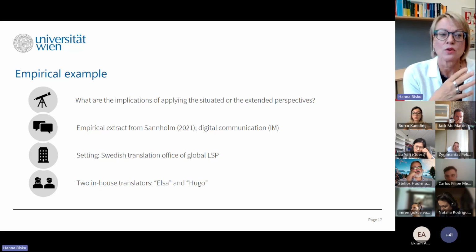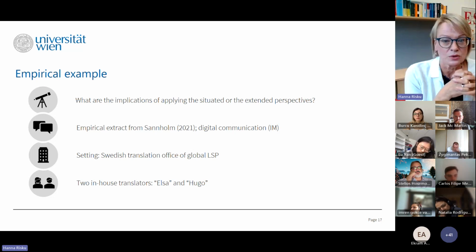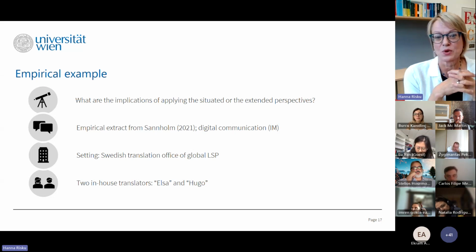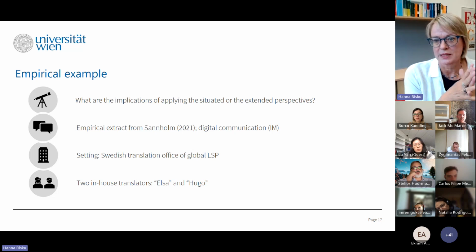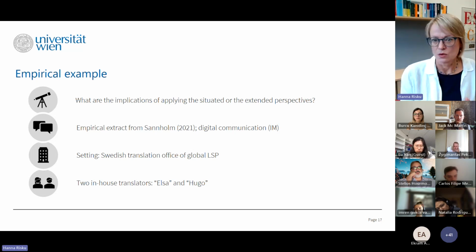The translator that we call Elsa is fairly new to the translation profession, and the other translator with the pseudonym Hugo has worked as a translator for 16 years, 15 years in this workplace. And the conversation starts as Elsa reaches out to Hugo for assistance on what appears to be the interpretation of a specific source text item.